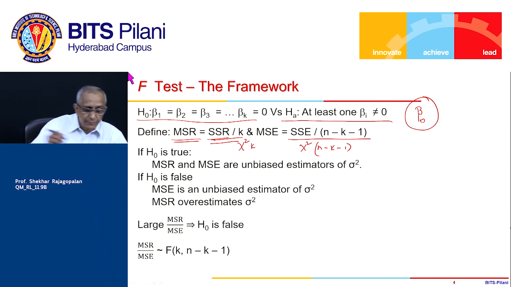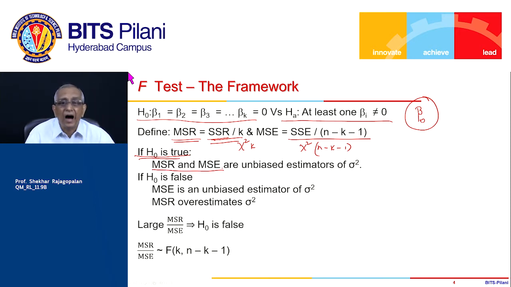Now, the point is this: if H0 is true, then MSR and MSE are unbiased estimators of sigma squared. Already, if you recall, in the previous class, we said that MSE is an unbiased estimator of sigma squared. We also have MSR to be an unbiased estimator of sigma squared.